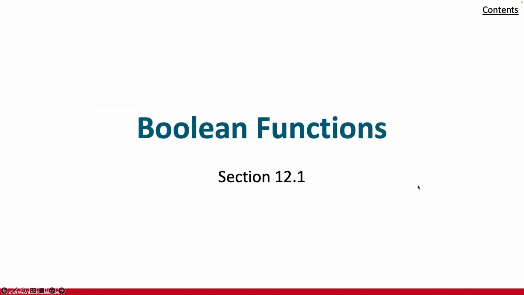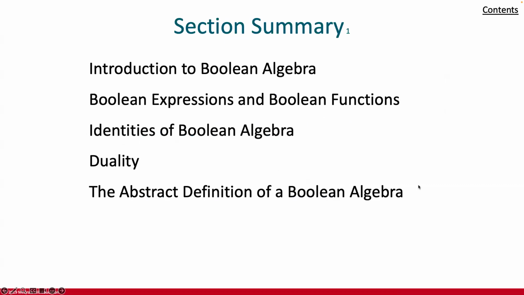Okay, let's get into some of the basics here. We'll first talk about Boolean functions, and we'll give an introduction to Boolean algebra. We're using the word algebra intentionally, so we have a Boolean way of looking at algebra.